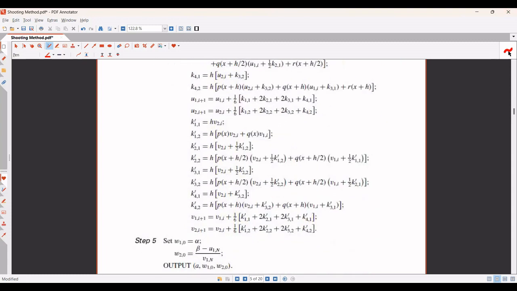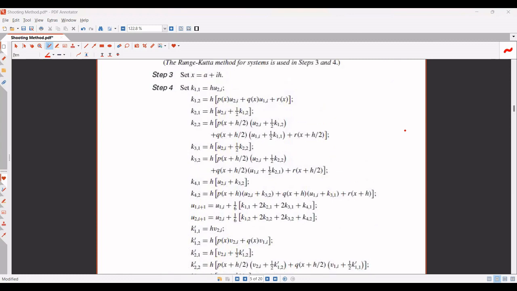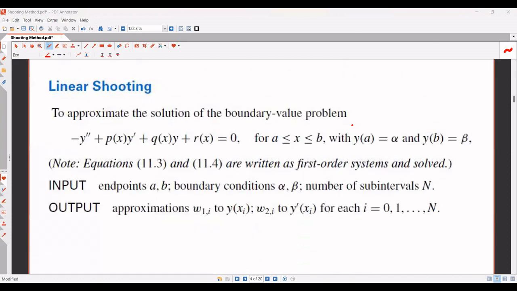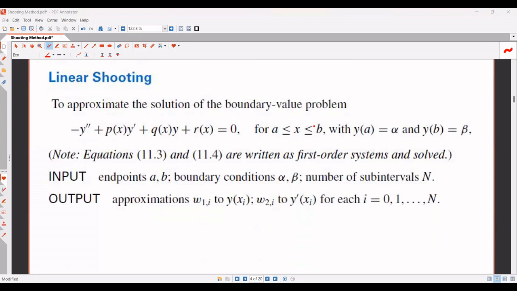Now, what is the easiest method for solving an initial value problem? I hope you remember that the first method we learned for solving initial value problems numerically was the Euler method. So as the assignment for today's lecture, I want you to solve a boundary value problem that I'm going to provide after the lecture using the linear shooting method.